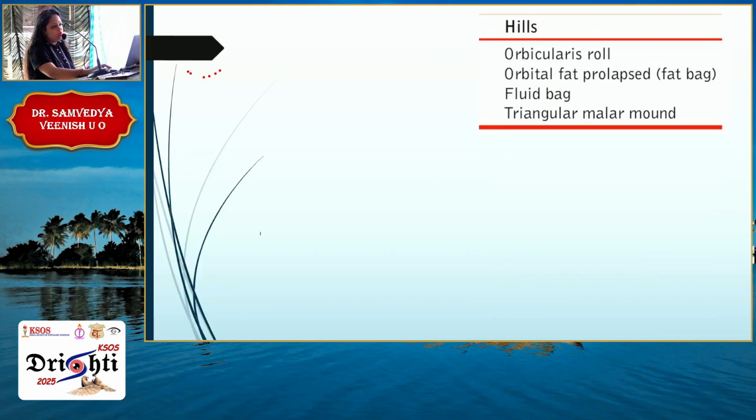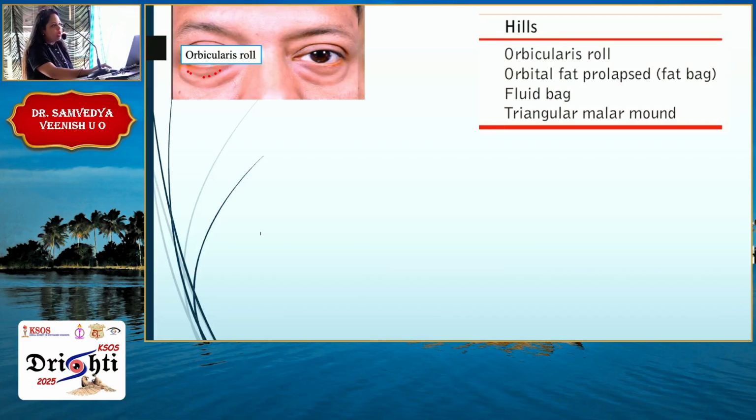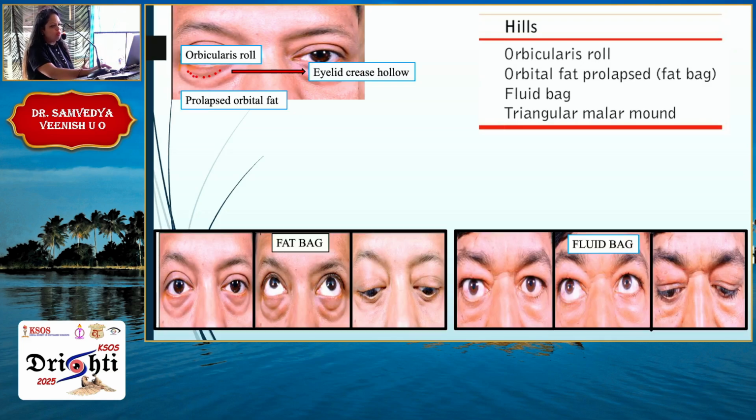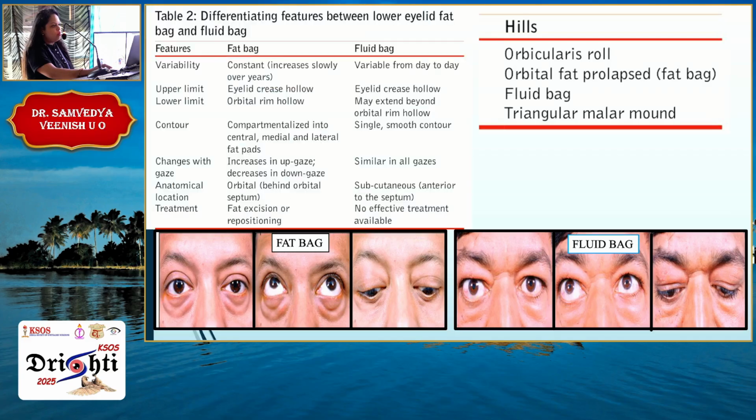The hills you see are the orbicularis roll, orbital fat bag, fluid bag, and triangular malar mound. The orbicularis roll and the prolapsed orbital fat are separated by the eyelid crease hollow. The orbital fat bag and fluid bag look almost similar, but you can differentiate them: fat bags are more compartmentalized by the inferior oblique tendon, whereas the fluid bag has a smooth contour.